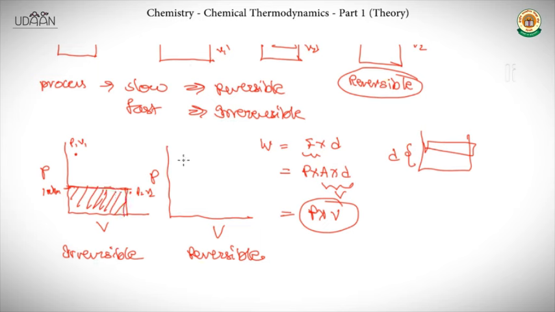But in the second case, P1 V1 to P2 V2. After removing 1 gram weight, it will attain a new state V1 dash. After removing 1 more gram, it will attain 1 more new state. So work done will be the area under this graph at each instant, and the total would be the addition of all these.